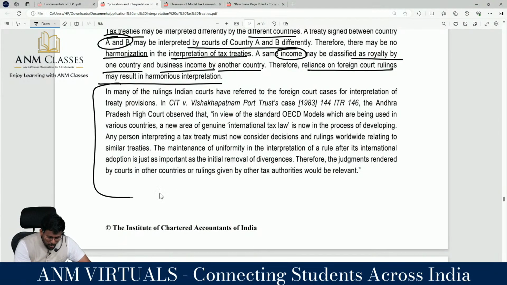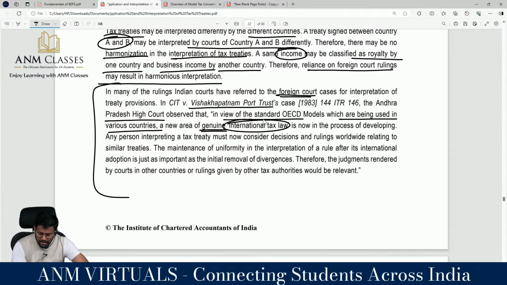In many rulings, Indian courts have referred to foreign court cases for interpretation of provisions. In the Visakhapatnam Port Trust case, the Andhra Pradesh High Court observed that in view of the standard OECD model, which has been used in various treaties, a new area of genuine international tax law is now in the process of emerging. Any person interpreting a tax treaty must now consider decisions and rulings relating to similar treaties.